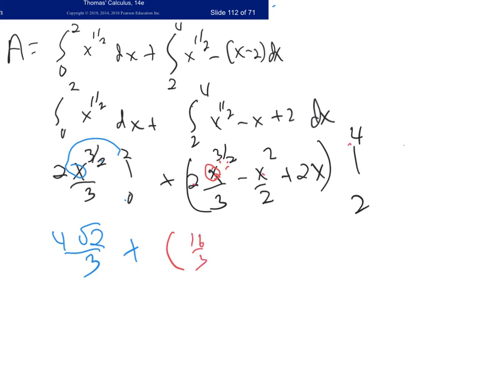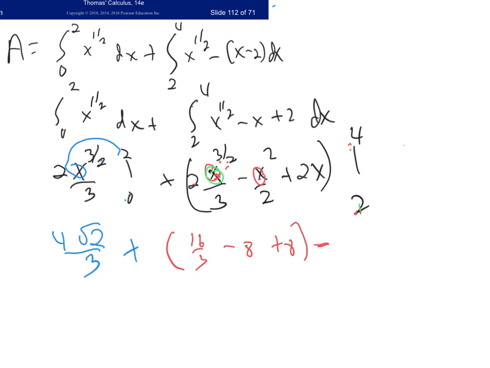Plug in the 4 here. 4 times 4 is 16. 16 over 2 is 8, minus 8. Plug in the 4 here, I get the plus 8. Then I have to subtract, plug in the 2. So it's getting uglier.